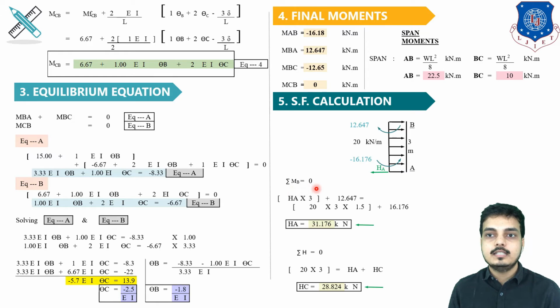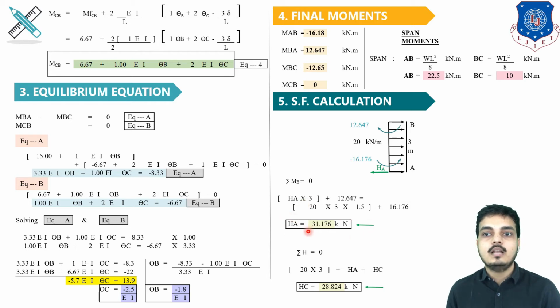Now considering the algebraic sum of moments equals 0 at point B, I am standing over here. So HA into 3, which is going clockwise, plus 12.67, which is clockwise, equals the UDL 20 multiplied by 3 multiplied by 3 by 2, WL square by 2, which is the moment of UDL, in anti-clockwise direction, plus this anti-clockwise moment, 16.176.